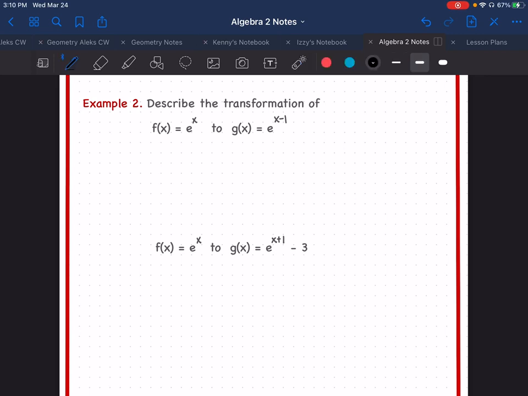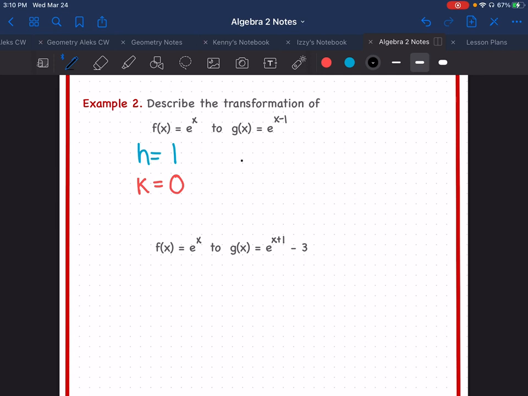So I'm just going to come right here and I'm going to say, well, I know that H is equal to +1 because remember, this is H and it looks like it's -1, but it's really +1. And K would be after that and there's nothing there, so I'm going to put 0. That means K doesn't matter. So how is this graph going to move?